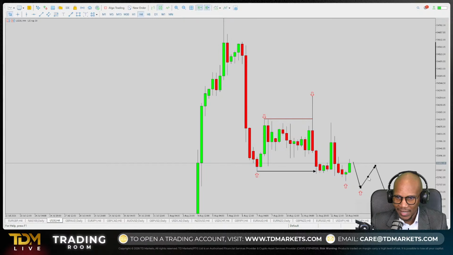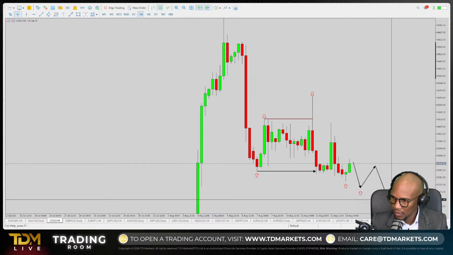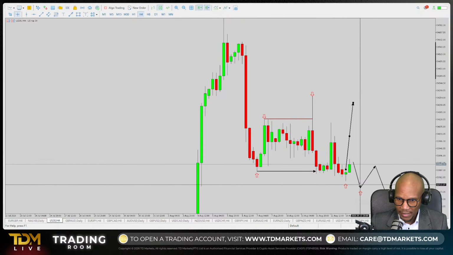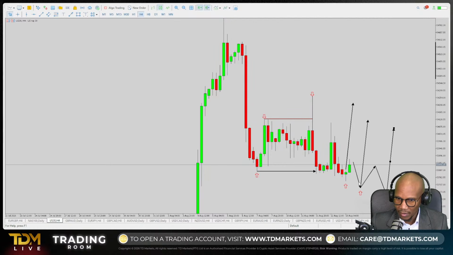It's about understanding that every low that forms, one of these lows will likely push price towards the upside. So right now, we have a low. Price can go up at any point there. Your setups will confirm for you. But if price comes back down for another low, the same thing. Another low, the same thing. One of these lows will push price up.